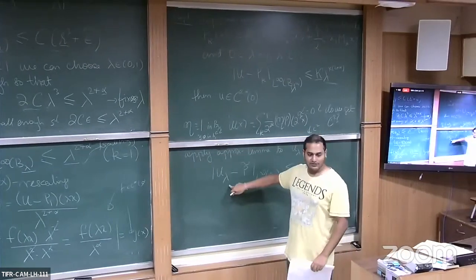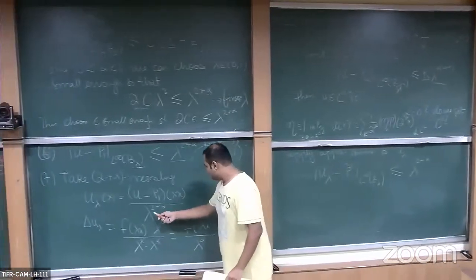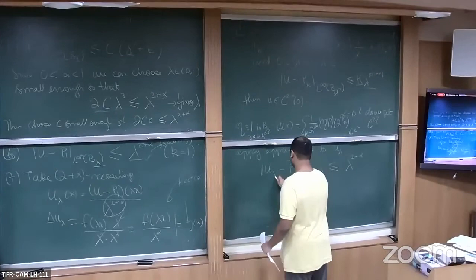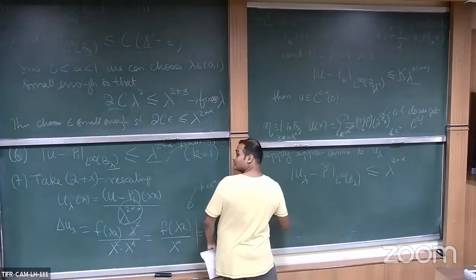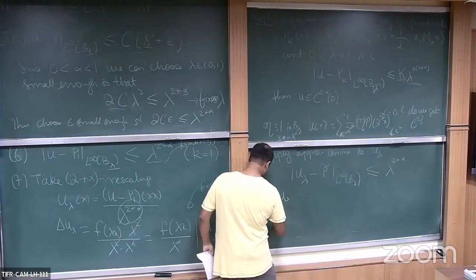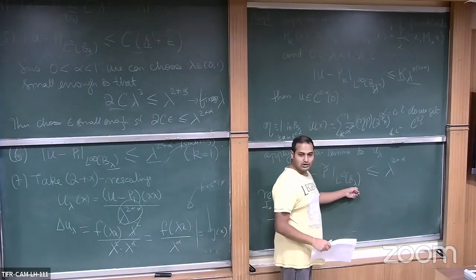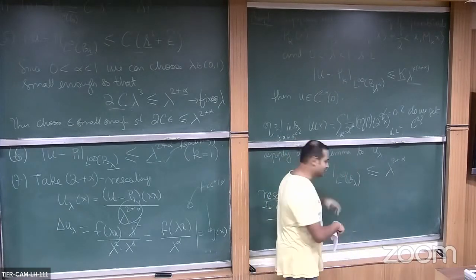Now this is for a rescaled function. I scale it back, right? If I scale it back, this scaling will turn this into what? So if I rescale, first of all, this lambda will rescale to lambda square, right? I'll have one more lambda.